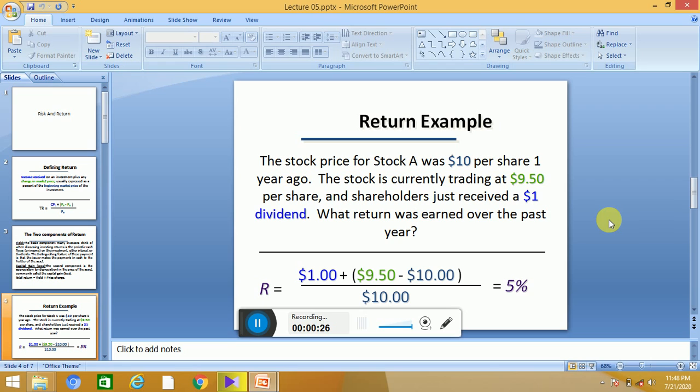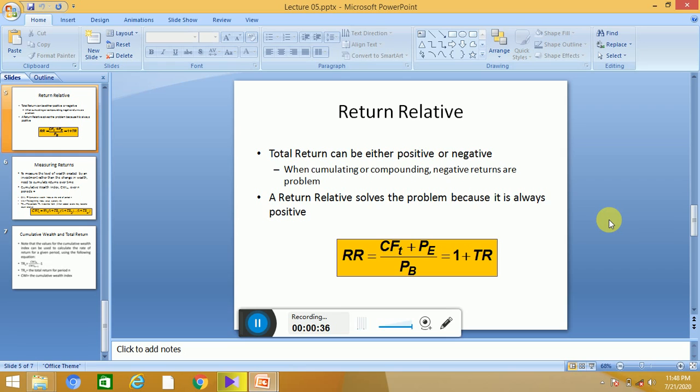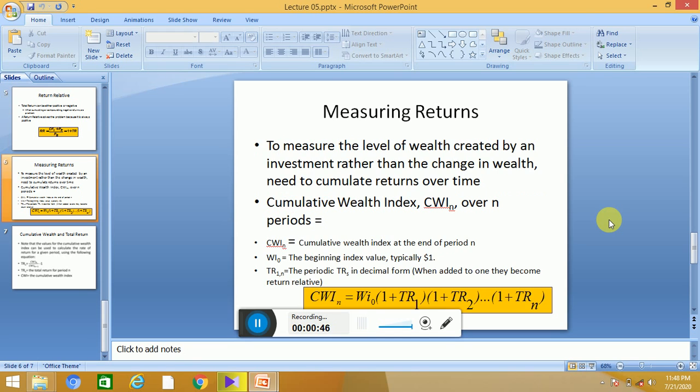Then there was a small example of return, how you calculate return for a single period. Then we discussed relative return, that it solved the problem of negative returns.